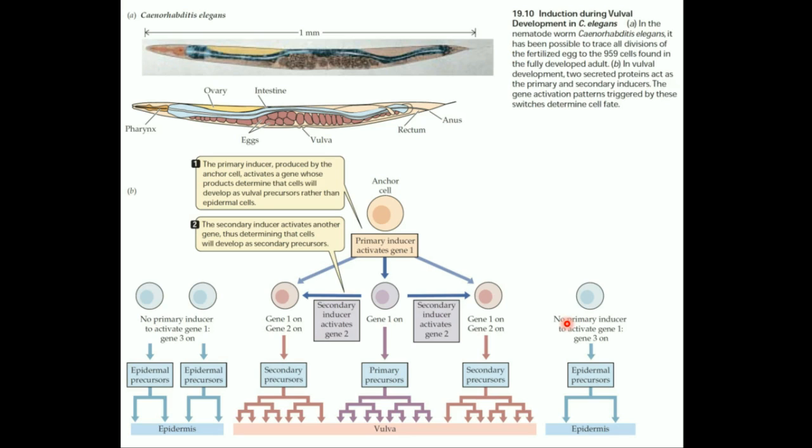All right. Now, I really don't want to talk in a lot of detail about this particular picture, and you can read up on this in the textbook, but it is worthwhile just to spend a little bit of time talking about this. The organism that you see up here is Caenorhabditis elegans.